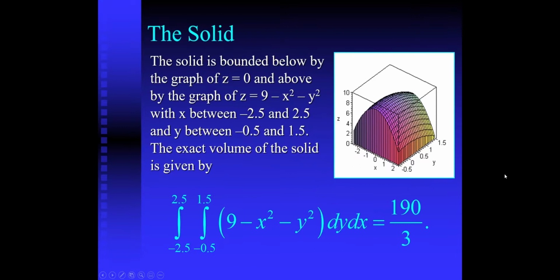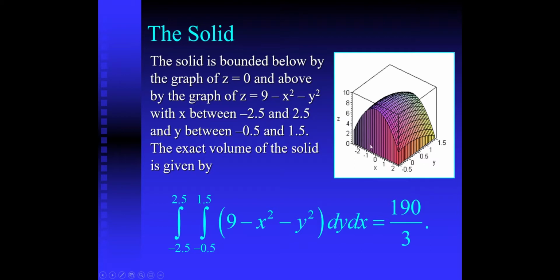The first one I'm going to look at, jumping the gun you might say, is finding the volume of the solid pictured here, which is being modeled by z equals 0 on the bottom, z equals 9 minus x squared minus y squared forming the top, a paraboloid, and the sides are just the planes x equals negative 2.5, x equals 2.5, y equals negative 0.5, y equals 1.5.